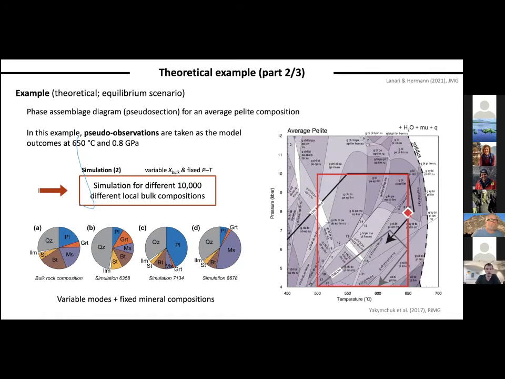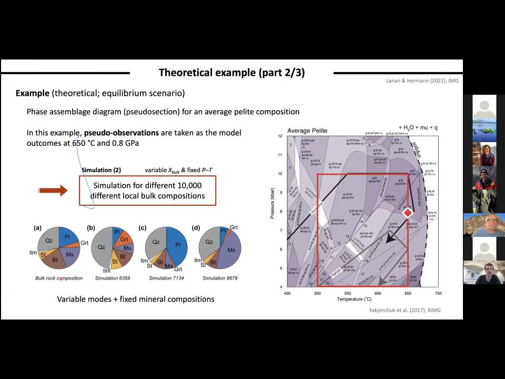Now what I will do is run a Monte Carlo simulation using 10,000 local bulk compositions that are generated using the mineral compositions predicted to be stable at this condition and variable modes. So we simulate the modes, and then using the mineral compositions, we recalculate a local bulk composition for each simulation.